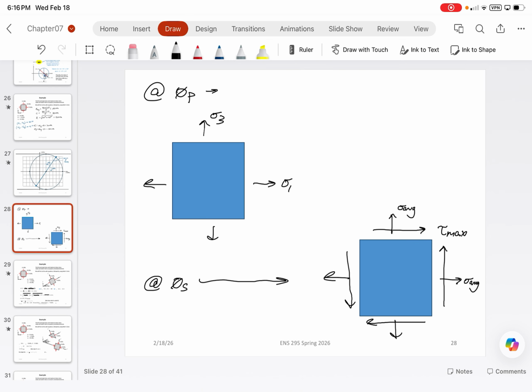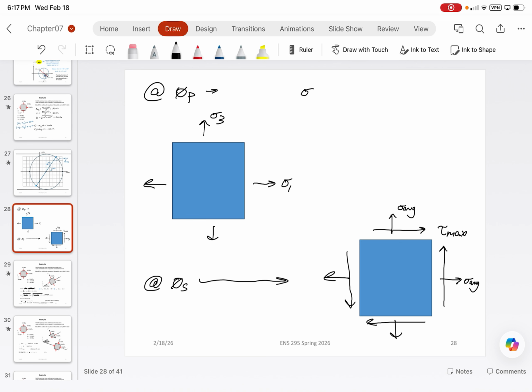So you guys can kind of see that the stress block will change as you rotate it, and just the values of those numbers will change, but ultimately they should all result in some type of equilibrium. And when you sum the sigma 1 and sigma 3, those should equal the sigma x plus sigma y.